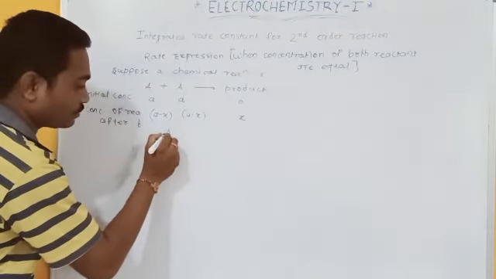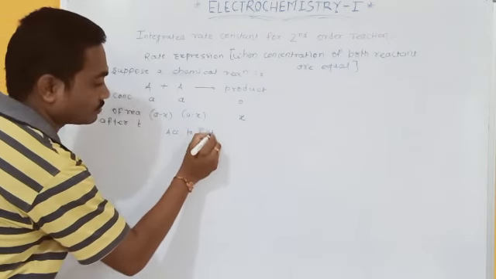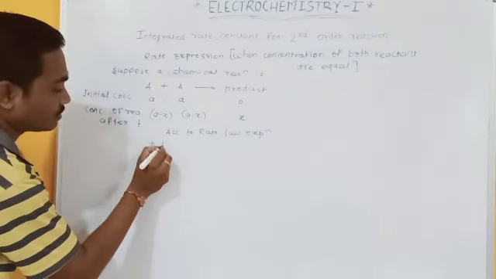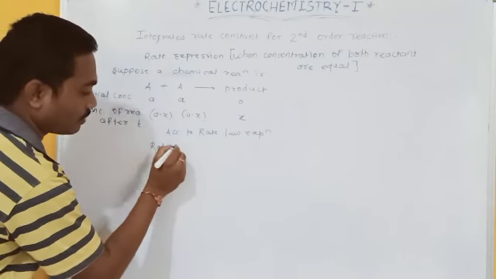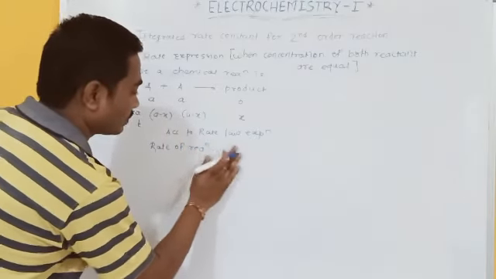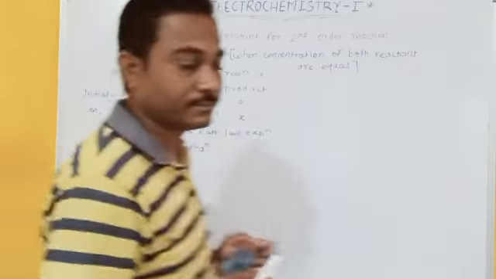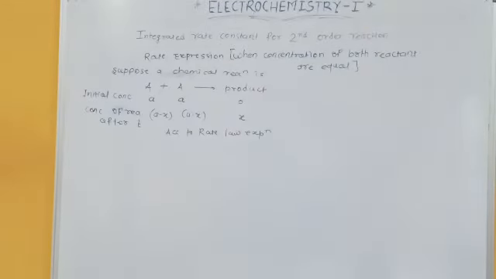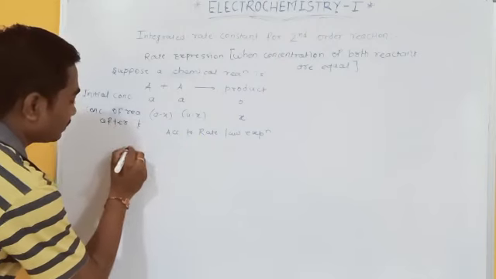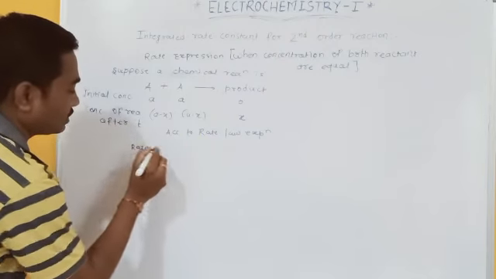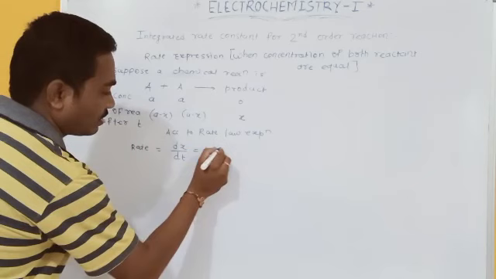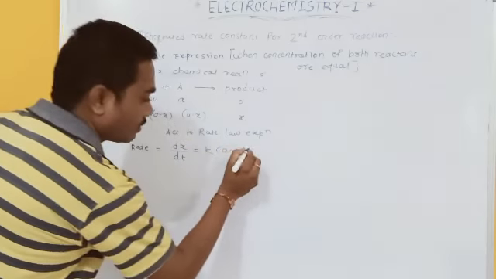Now according to the rate law expression, the rate of reaction is equal to dx divided by dt, is equal to k times the concentration of A times the concentration of A again.